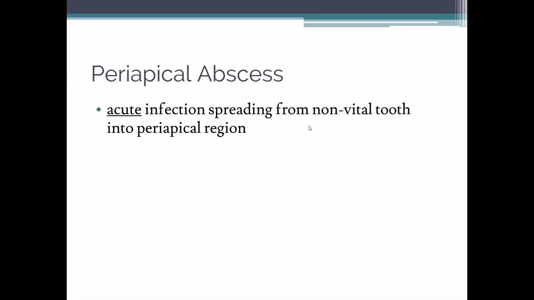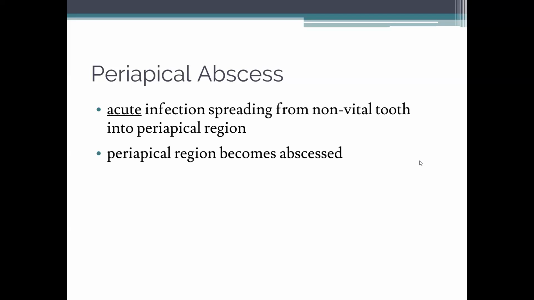So what happens is you have a dead tooth, whether it was traumatized, recurrent decay, or for some odd reason the pulp just died. When the pulp dies, all the bacteria in the decayed dead pulp go out the apex.